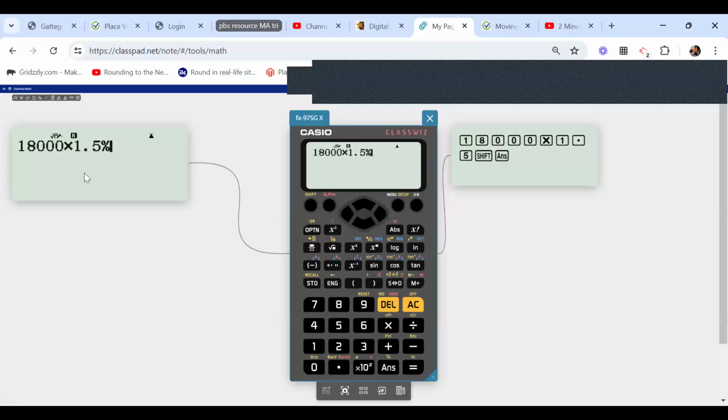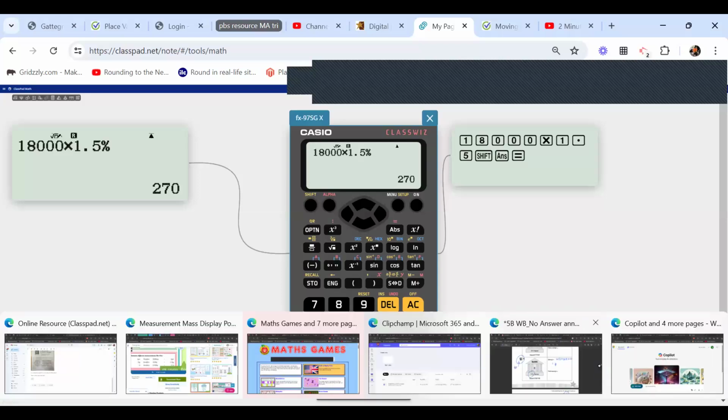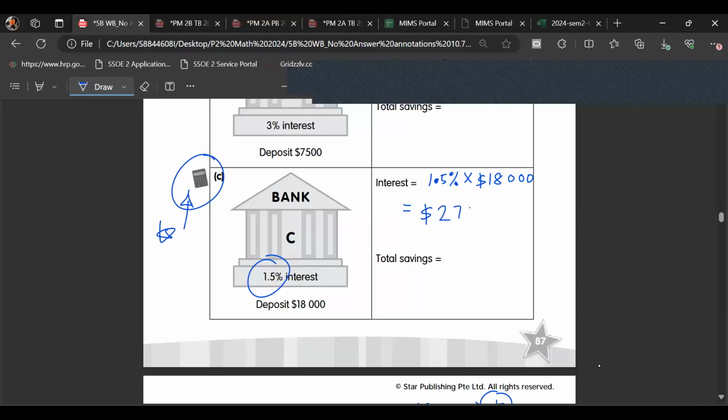So your calculator should look like a screen like this. Then I press equal, it gives me 270 immediately. So I'm able to write down $270 immediately on the page here, without needing to do workings because it's a calculator question.